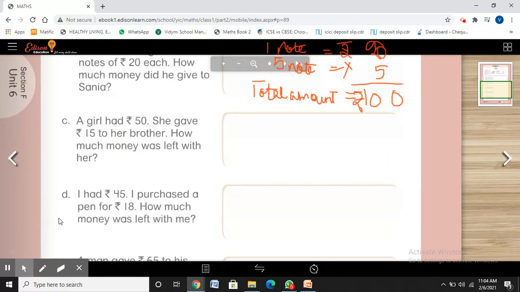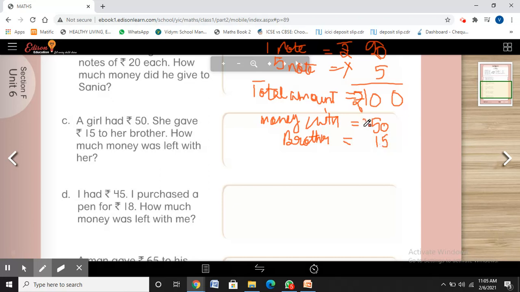A girl had 50 rupees. She gave 15 rupees to her brother. How much money was left with her? So you're going to write money with girl is equal to 50, brother is equal to 15.